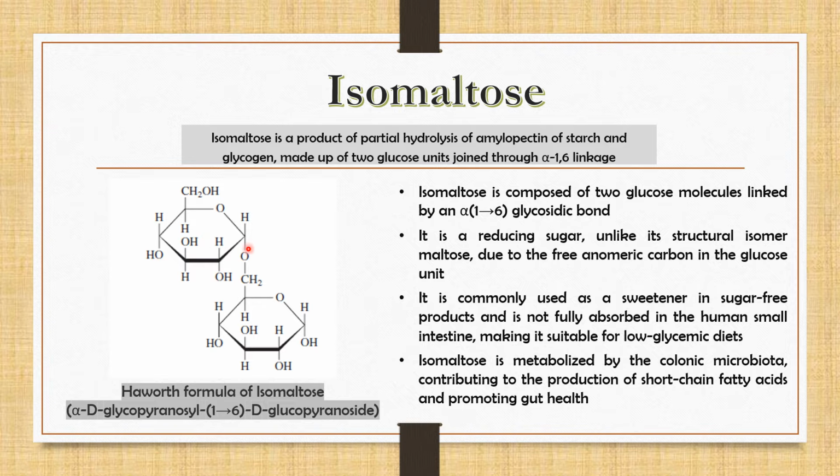This is the anomeric carbon of the glucose linked to carbon 6 of another glucose, giving rise to a 1,6 glycosidic bond and leaving a free aldehyde group, leaving a free anomeric carbon. So isomaltose is a reducing sugar.